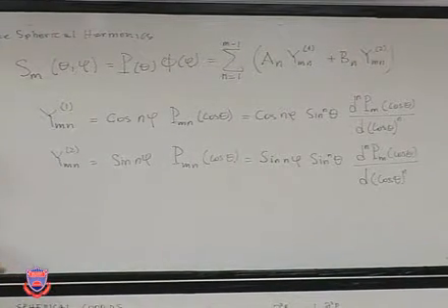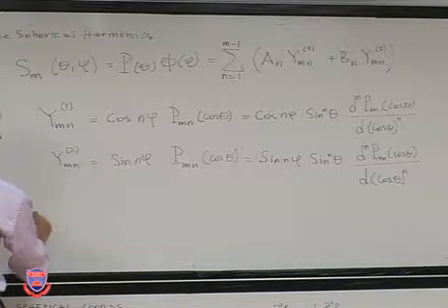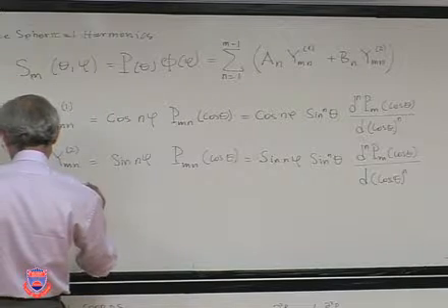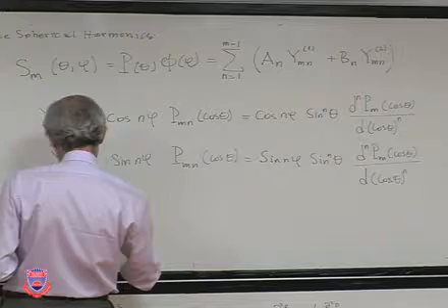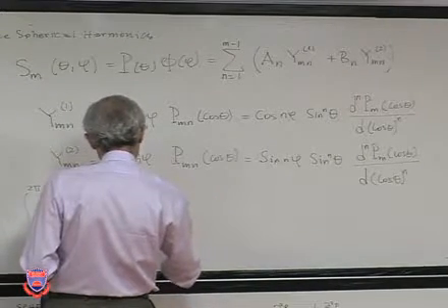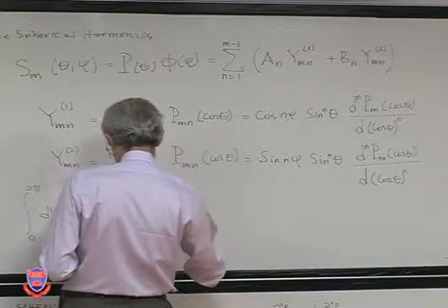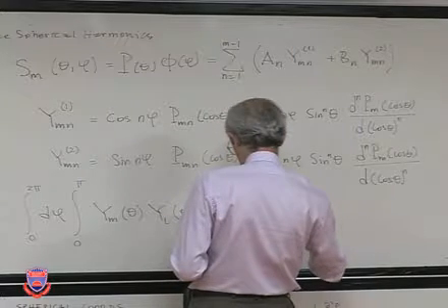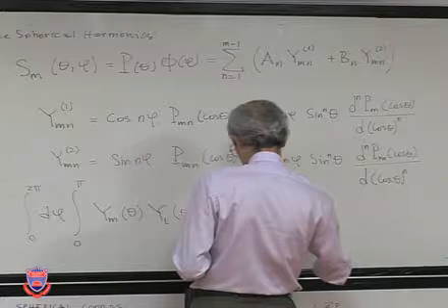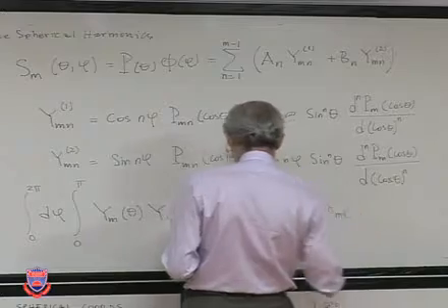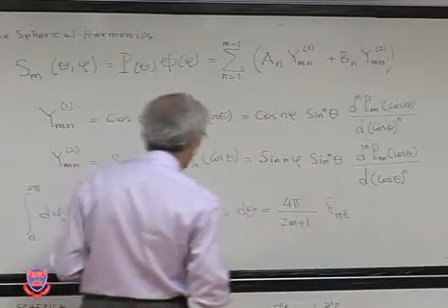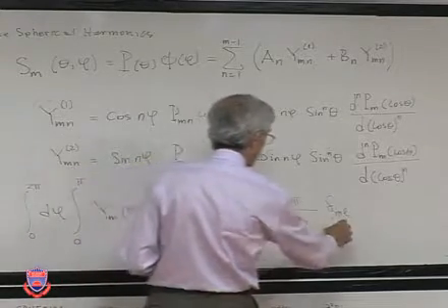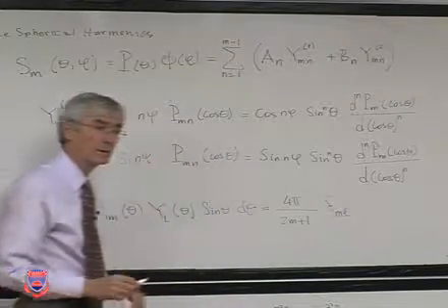Now, again, we have the properties. If you take an integral 0 to 2 pi of phi and 0 to pi of theta, okay, delta ML is, does anybody know what Dirac delta function is?